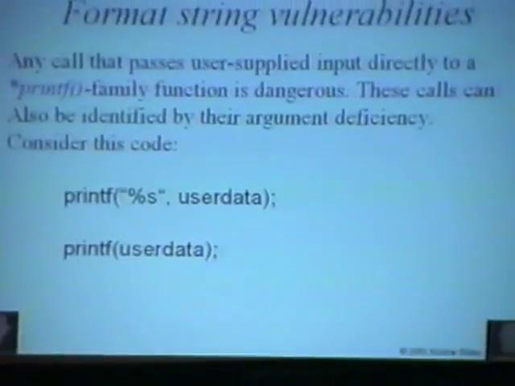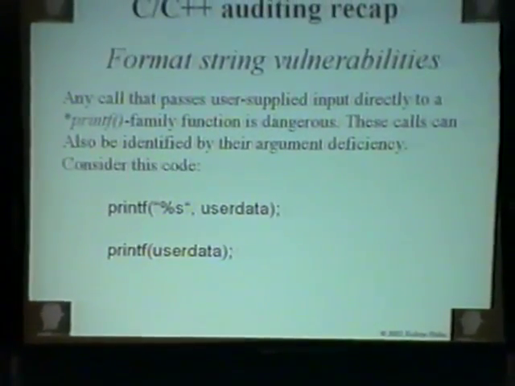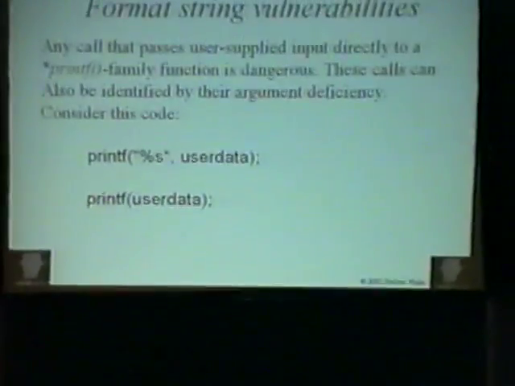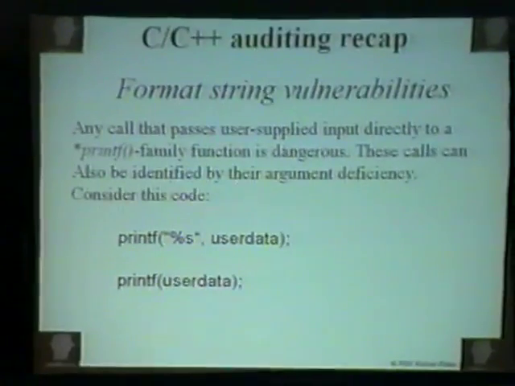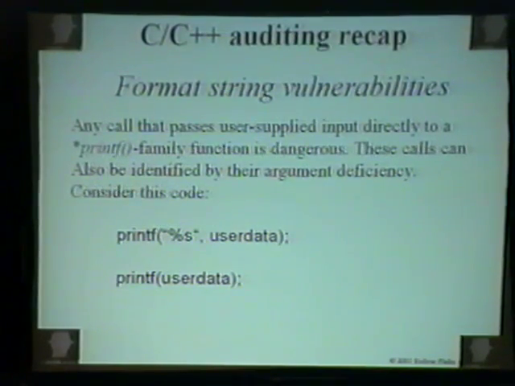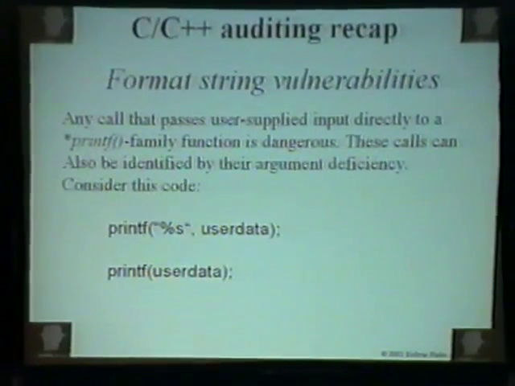Format string vulnerabilities basically come from the fact that programmers are too lazy to type the full statement. Any one of us, when writing a small test program, feels inclined to write printf(stuff) instead of printf("%s", stuff). So programmers are lazy, they do a printf(user data).